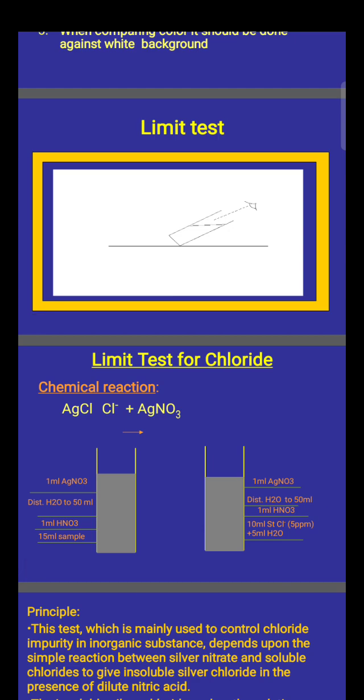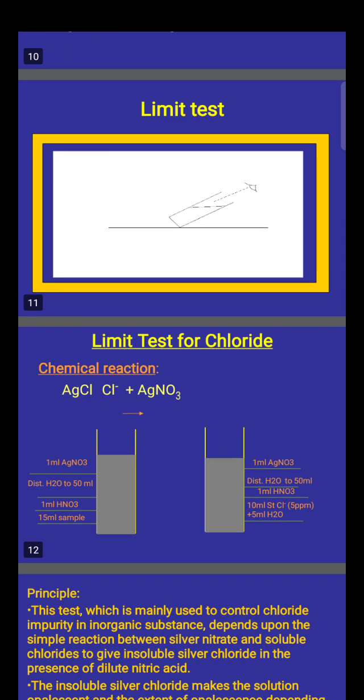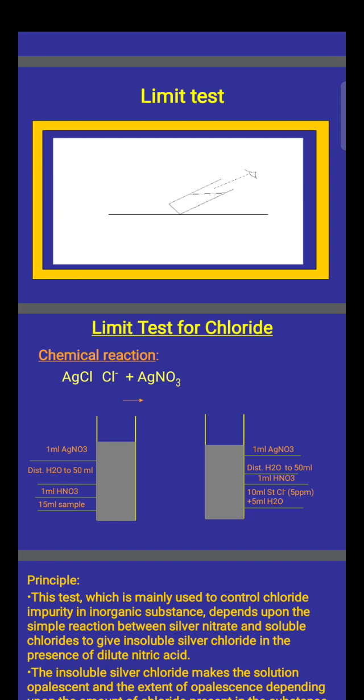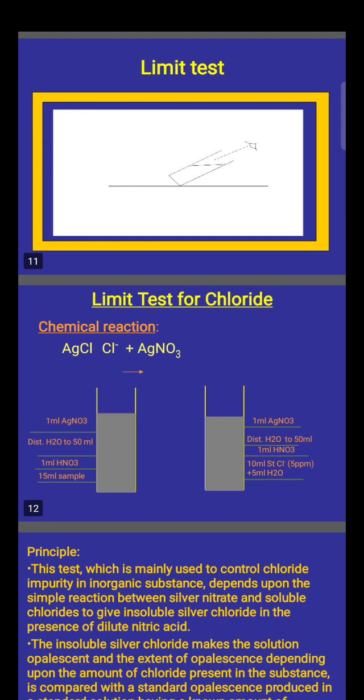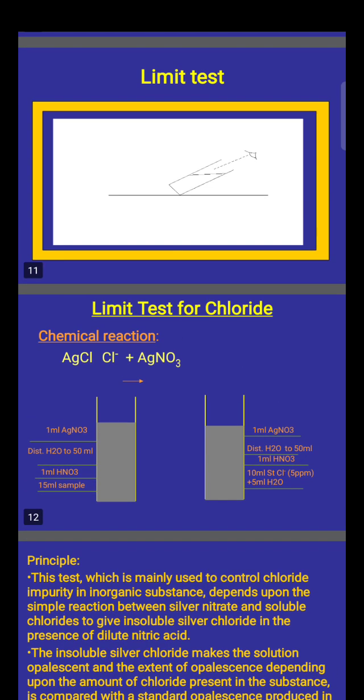What is the meaning of opalescence? Opalescence means turbidity. By observing the turbidity of the standard and test solutions, we can compare both and conclude whether the limit test complies or not.